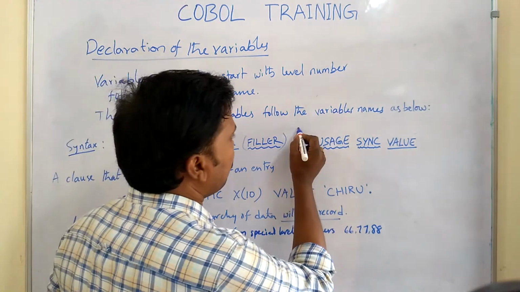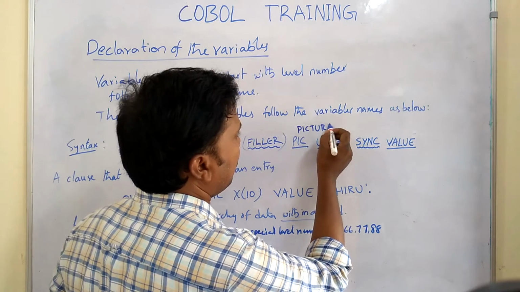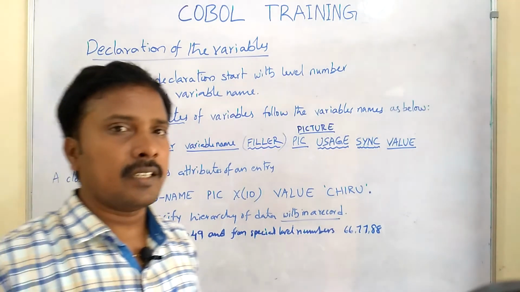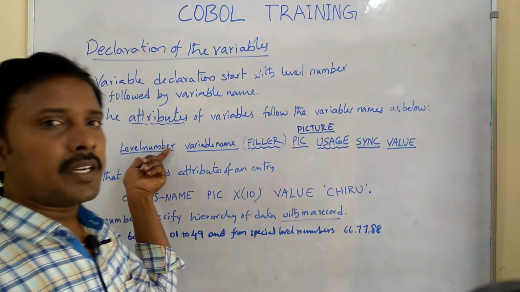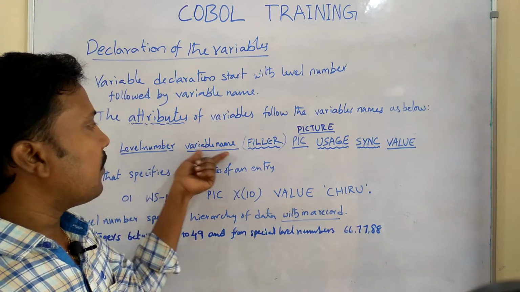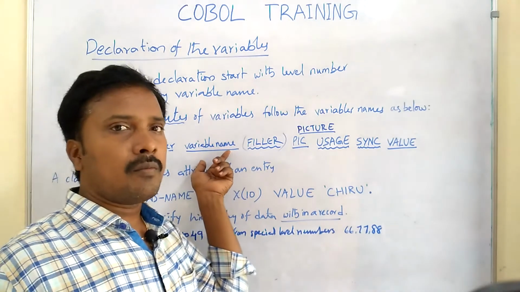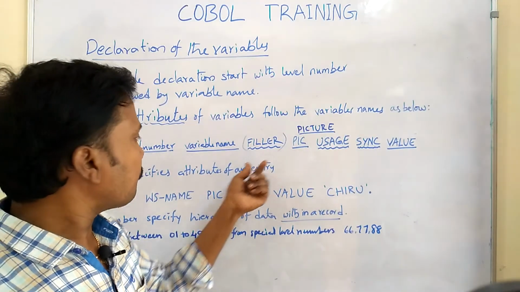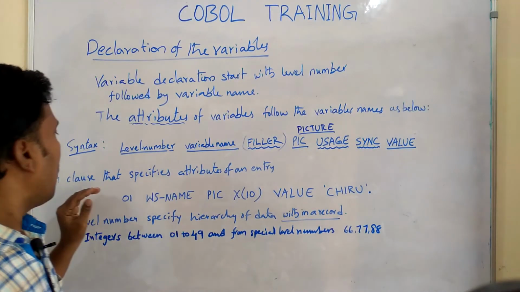PIC is the short form of picture. Where the data types come in, we'll see in the next section in this video only. The level number is important here, and the variable name, whatever name we want according to the program, we'll write. I'll explain these things one by one.